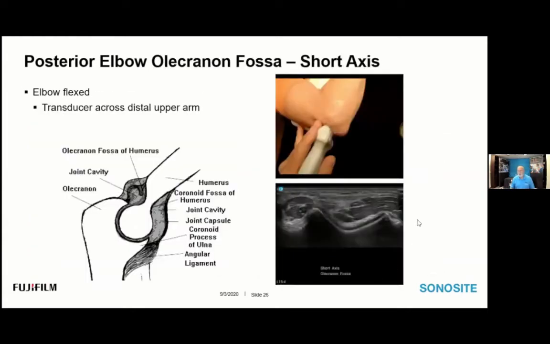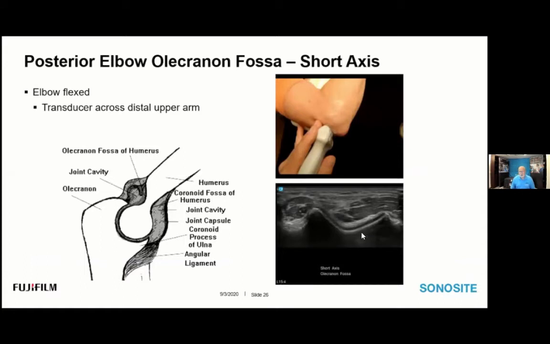In evaluating the olecranon fossa, we also want to turn the transducer 90 degrees to look across in the axial or short axis plane. With this view, we can also recognize effusion, where this fat pad that we see here will be elevated.